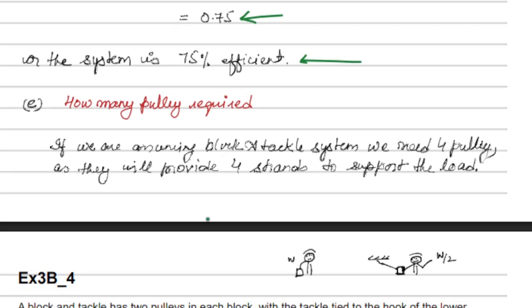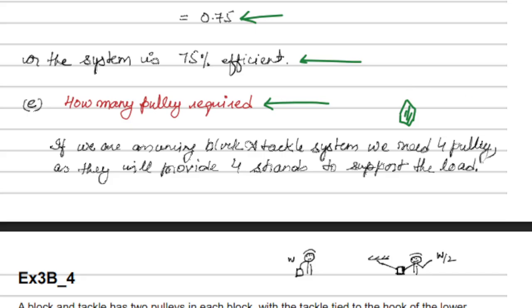How many pulleys are required? If we are imagining this as a block and tackle system, then we need to have 4 pulleys, because in block and tackle system generally 4 pulleys give 4 supporting strands to the load. So here it is a load, for example.